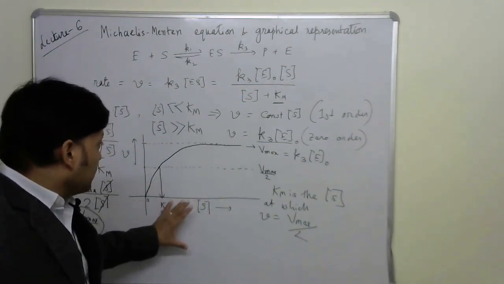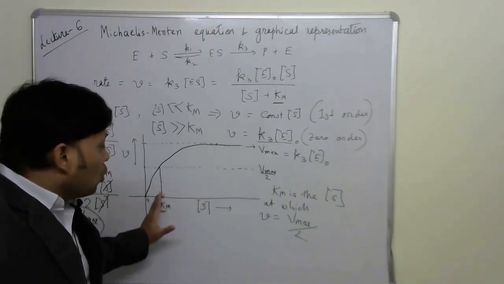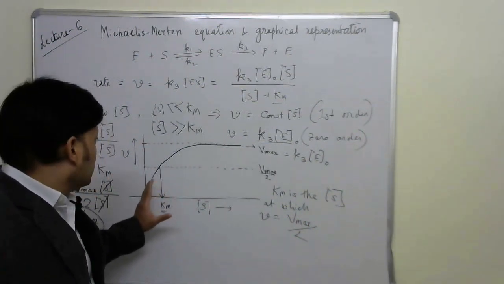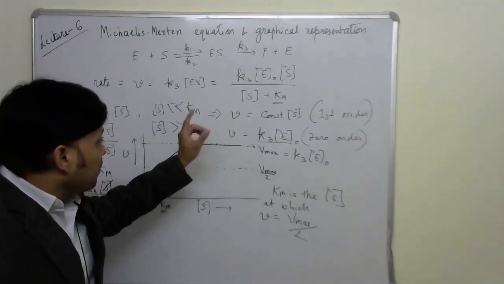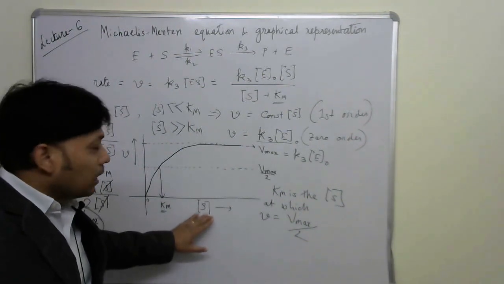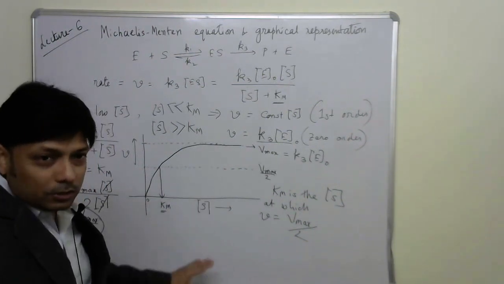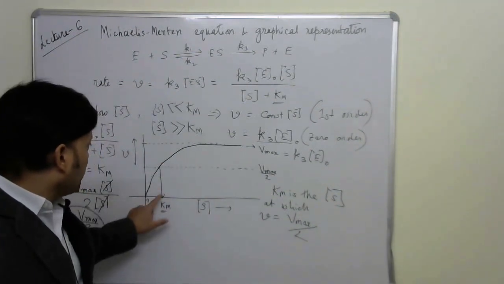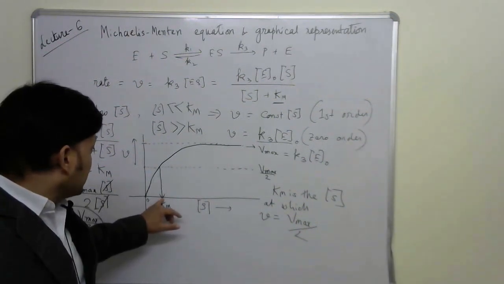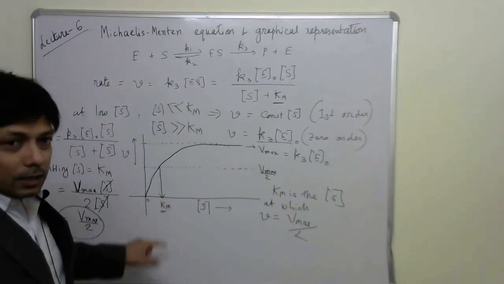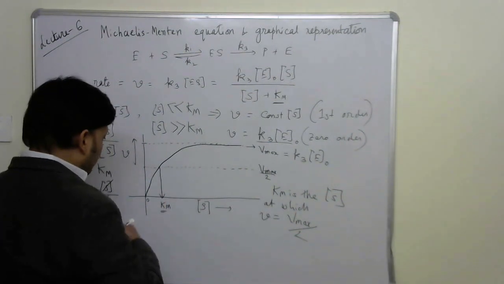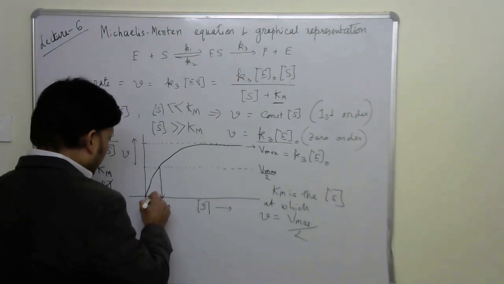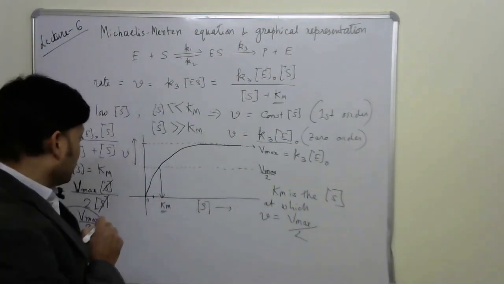The correct statement is that if I have a lower Km value, the velocity would reach the maximum velocity at a lower substrate concentration. Okay, so you can verify it from here that if I have a lower Km, for example, the Km value is over here.